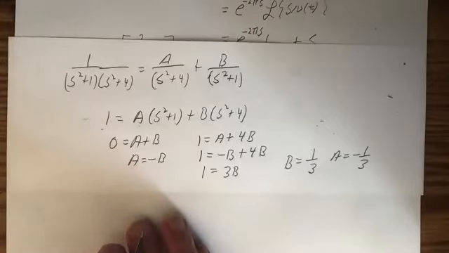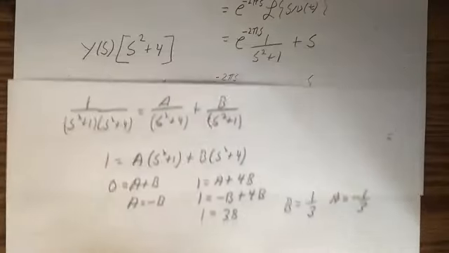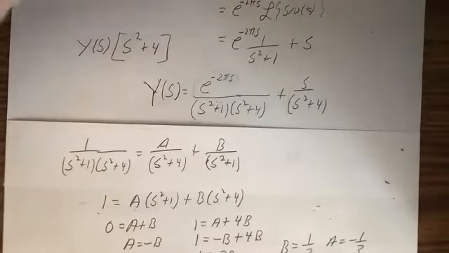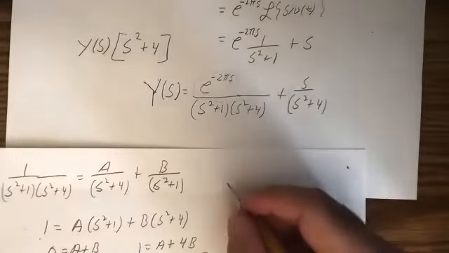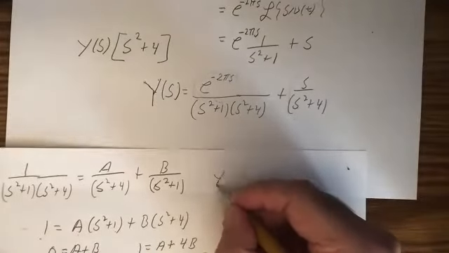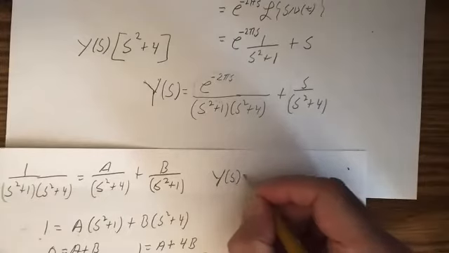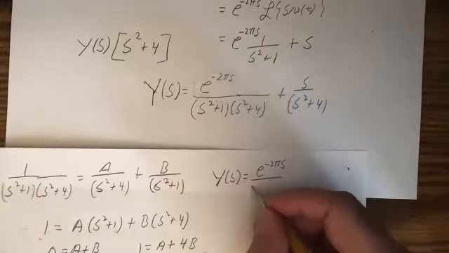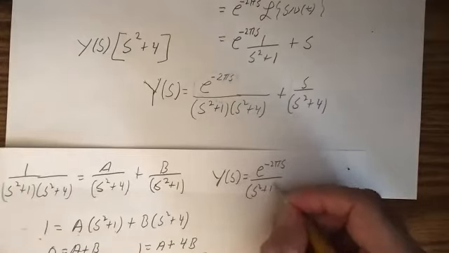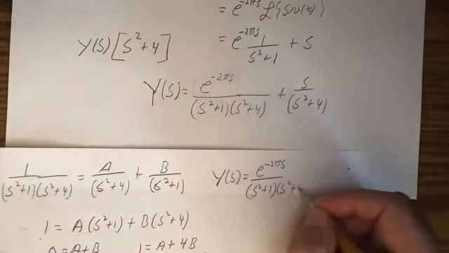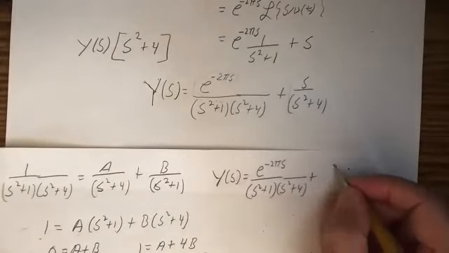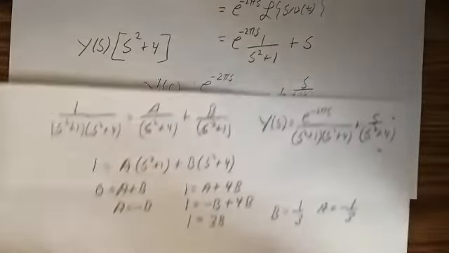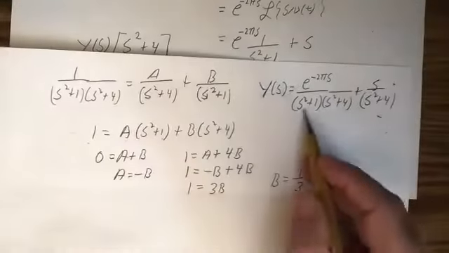All right, so now what? Well, let me put this up here. I had this up here so I could show you this all at once. Just copy this over. Okay, so this is what I have now.